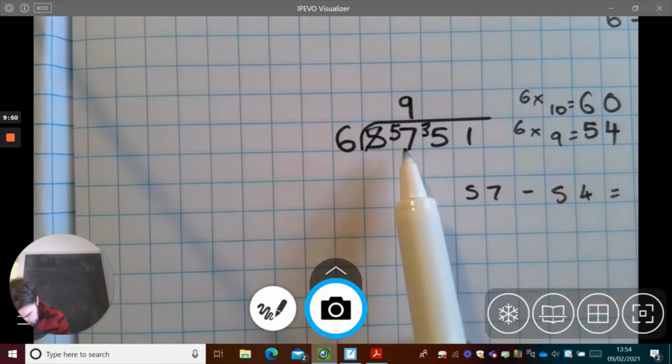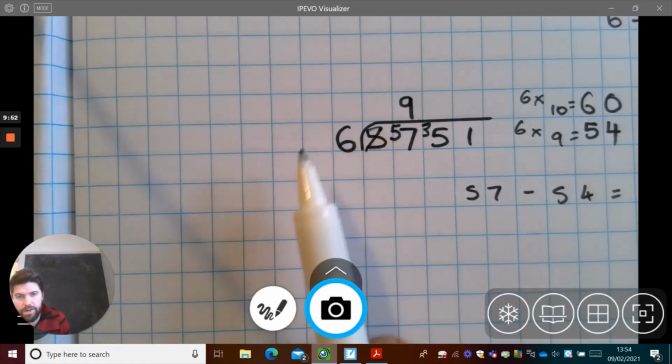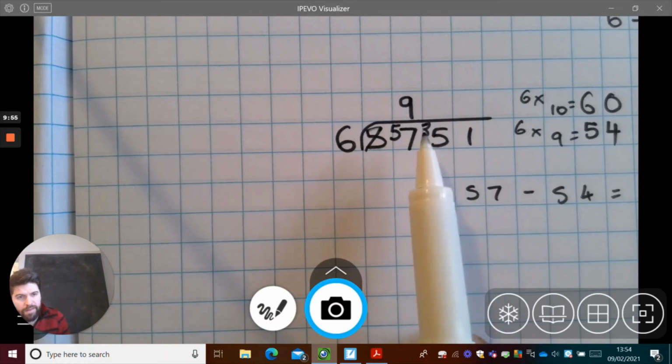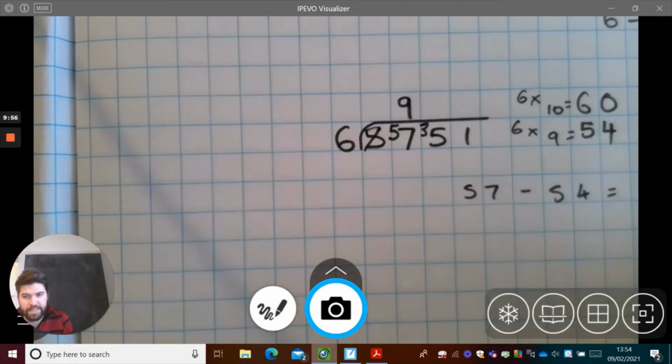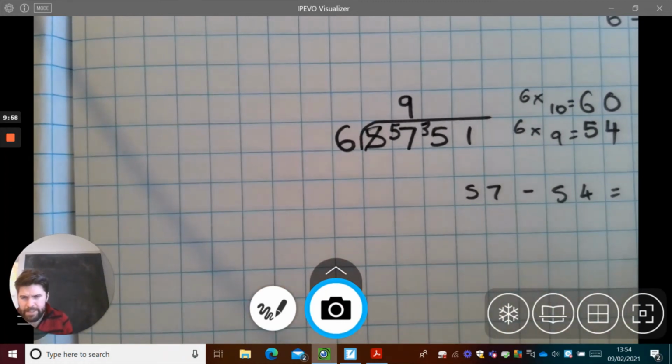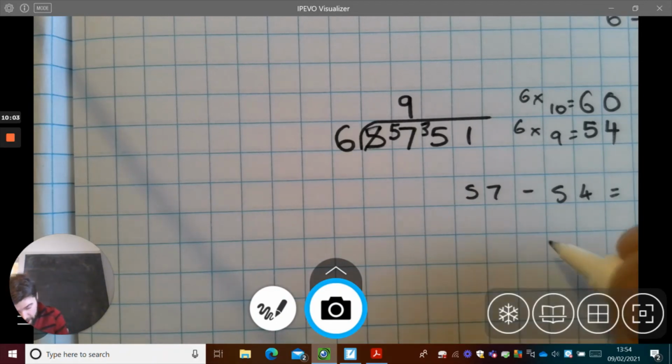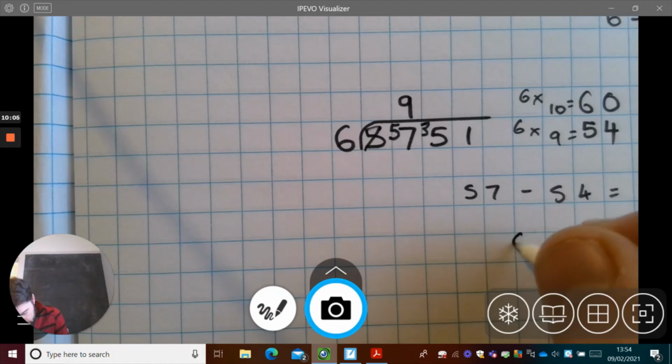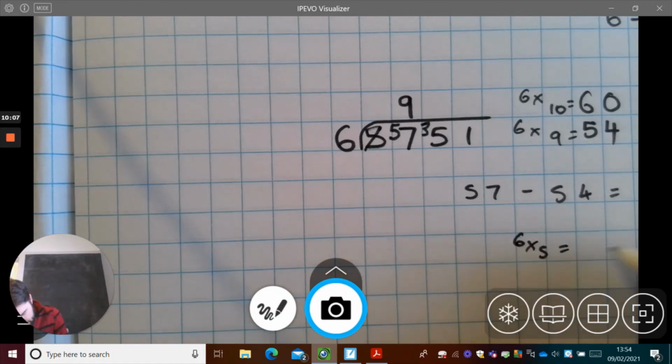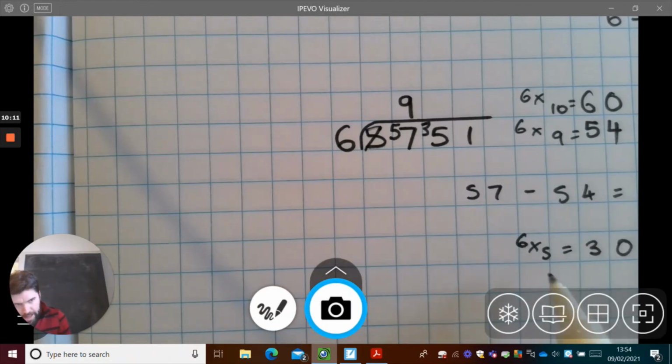6s then into 35. I want to know how many 6s I can make with 35. Okay, let's go back to the 6 times table then. So 6 times 5 I know is 30. I know my 5s and 10s really strongly, so I know that 6 times 5 is 30, so I could use that. Is that the right one?